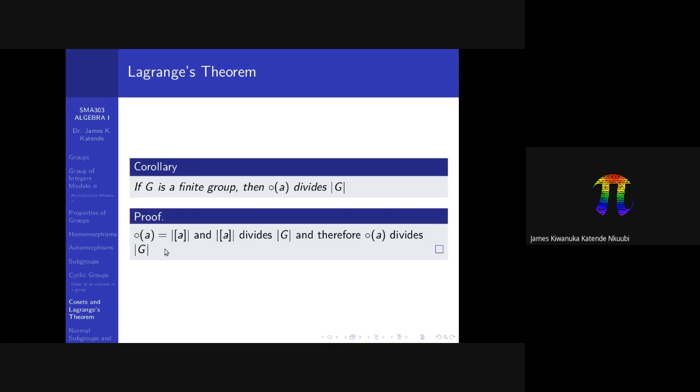And since these two are equal, the order of A must also divide the order of G, the number of elements in G. Are we together? Good.